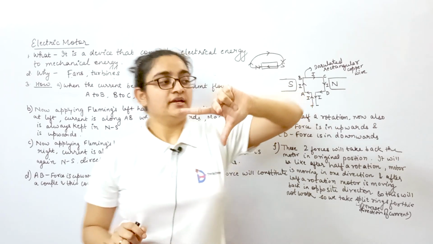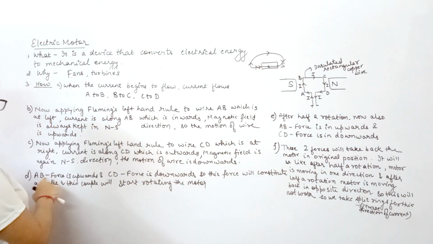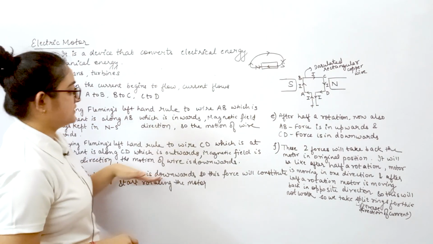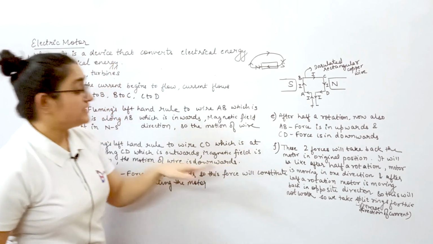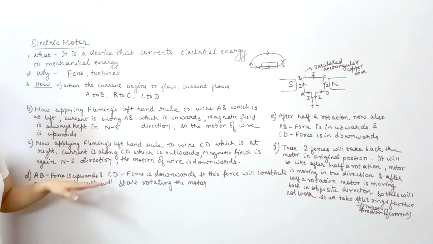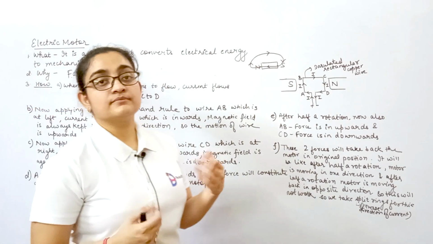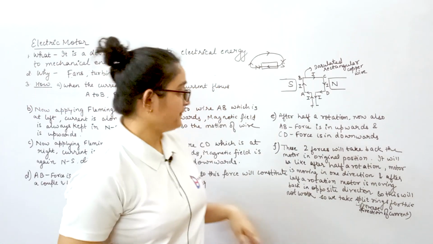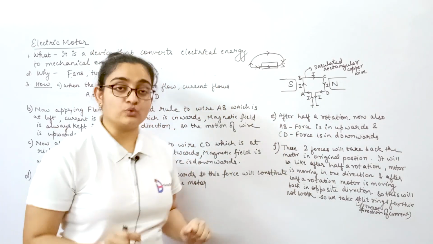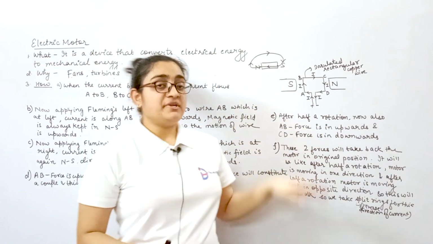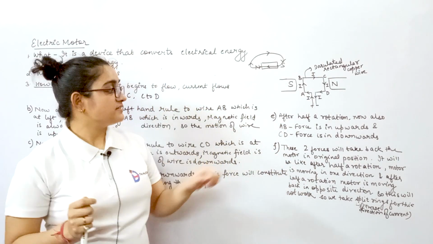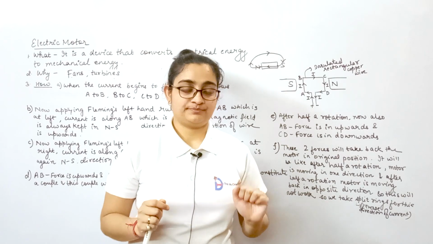No more doubts? Okay. So in case of AB, force is upwards and in CD, force is downwards. So these forces will constitute a couple and this couple will start rotating the motor. After half a rotation, in case of AB, force is still upwards and in case of CD, force is downwards.